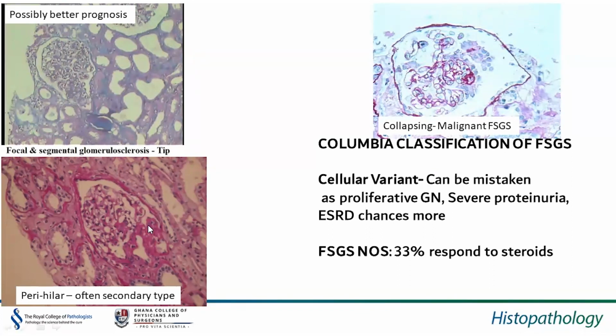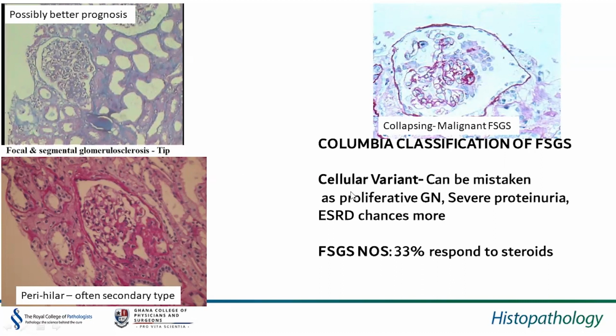Then you have the perihilar type of FSGS, which is often the secondary type of FSGS. In the collapsing type of FSGS, we have seen that they have extreme swelling and multiplication of the podocytes, severe retraction of the tuft, and subtle sclerosing lesions. This is a very fulminant type of FSGS, often referred to as malignant FSGS.